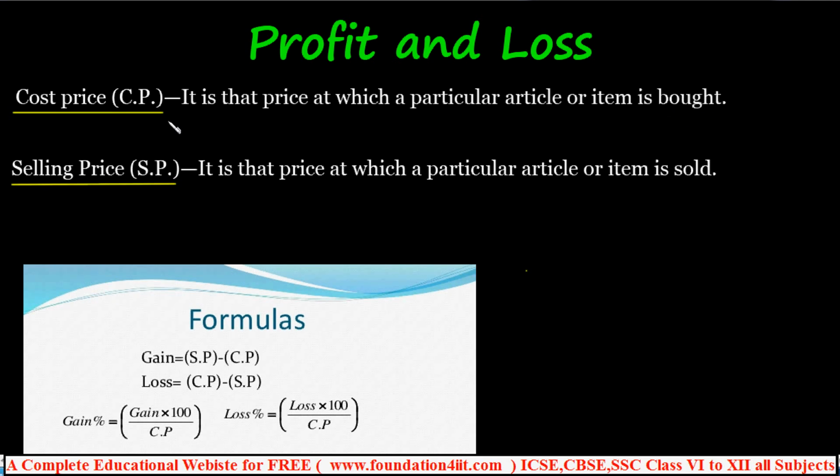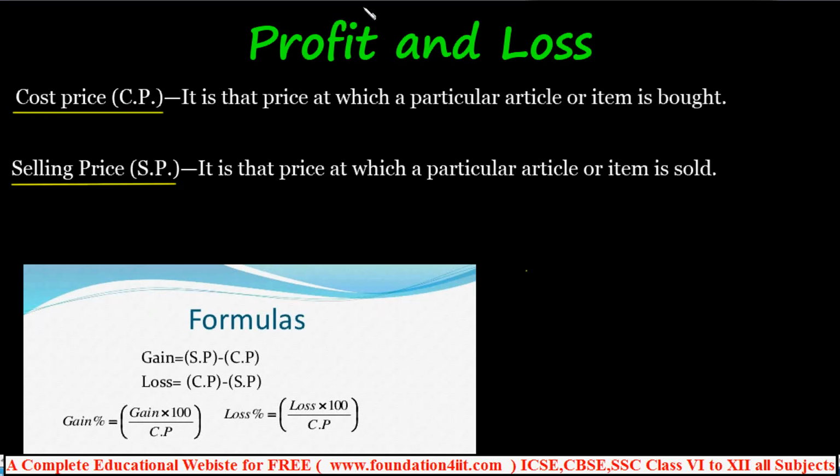So purchasing is cost price, and selling price is nothing but sold. It is the price at which a particular article or item is sold. This is the normal definition. So whatever you purchase comes under cost price, and if you sell the same item, the selling cost is the selling price. Based on this we have profit or loss.